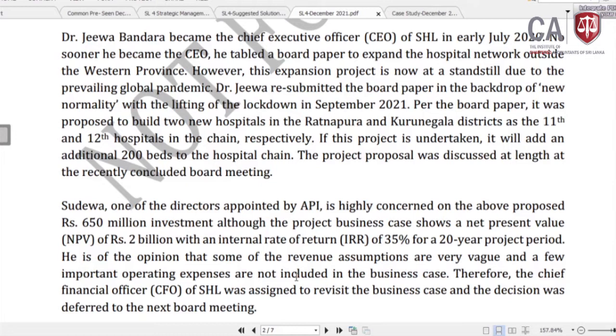Dr. Jeeva resubmitted the board paper in the backdrop of the new normal, with the lifting of the lockdown in September 2021.